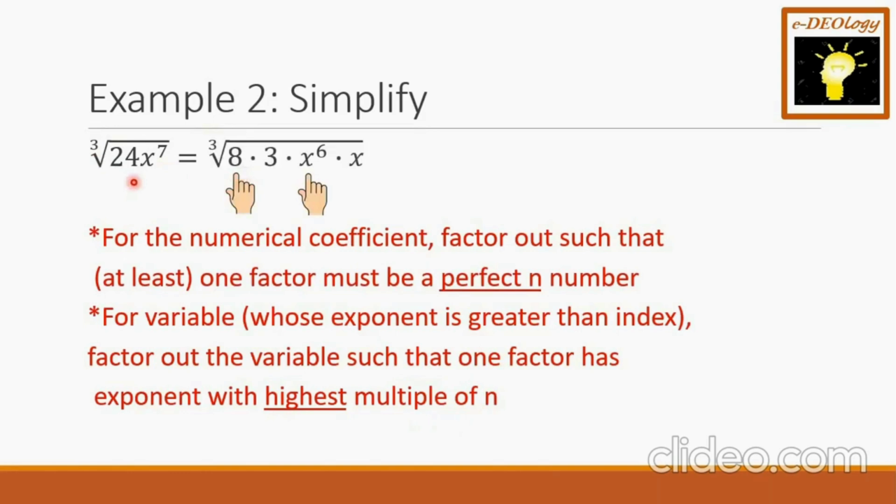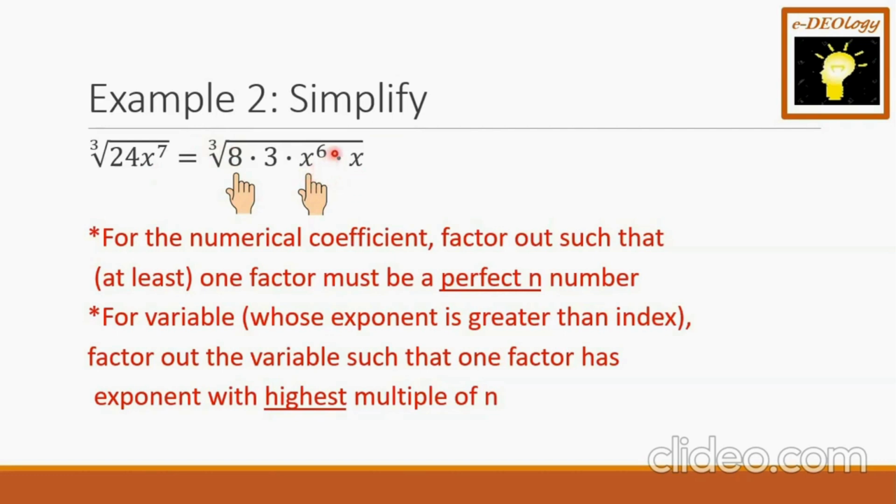So as we see here, the number 24 is factored out into 8 times 3, and this 8 is our perfect cube number. Take note that our index here is 3. For the x raised to 7, we factor it out into x raised to 6 times x.